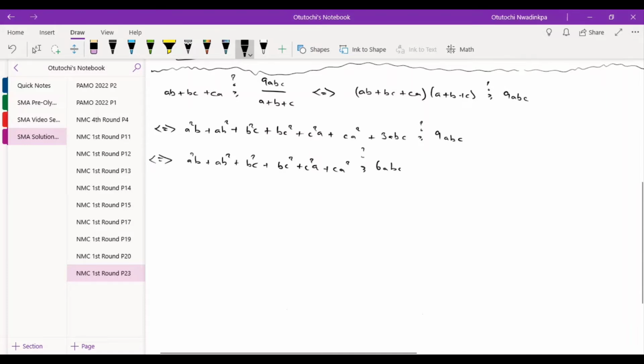Now, like I said, we are working backwards, so this is actually what we want to show. We are going to show this using AM-GM directly.